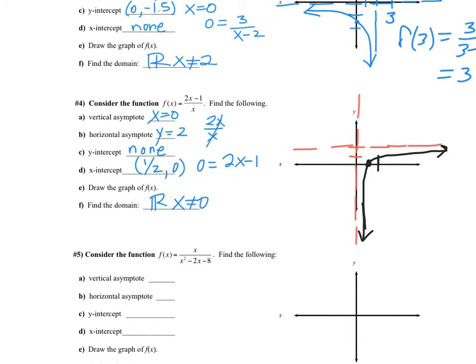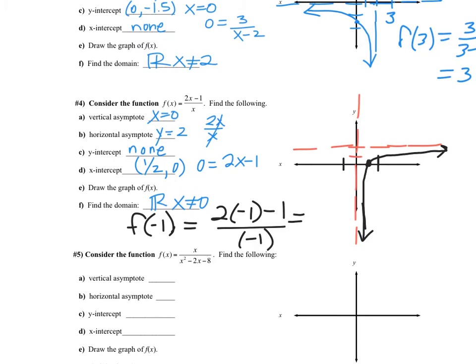Now, I might not know what's happening on the left side, though. So if you want to, pick a point, any point, and plug it in. Or pick a number for x. I'm going to plug in -1. If I plug in -1, I get 2 times -1 minus 1 over -1.